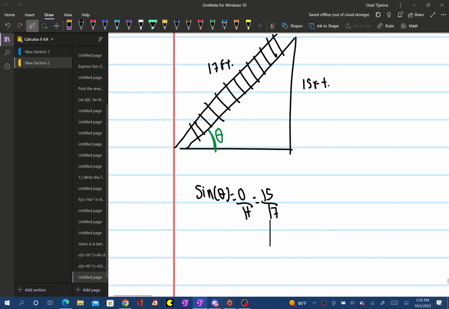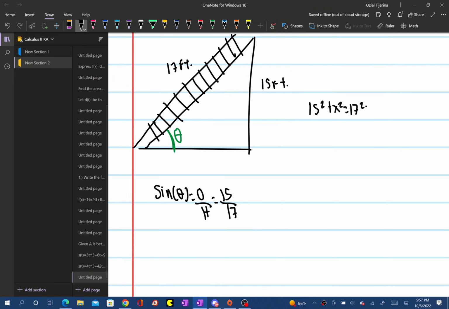Okay, not the ladder and the wall, the ladder and the ground. So we have to do Pythagorean theorem. 15 squared plus x squared equals 17 squared. 15 squared is 225, so 225 plus x squared equals 289. Subtract 225 and you get that 64 is x squared, so x equals 8. So this is 8 right here.